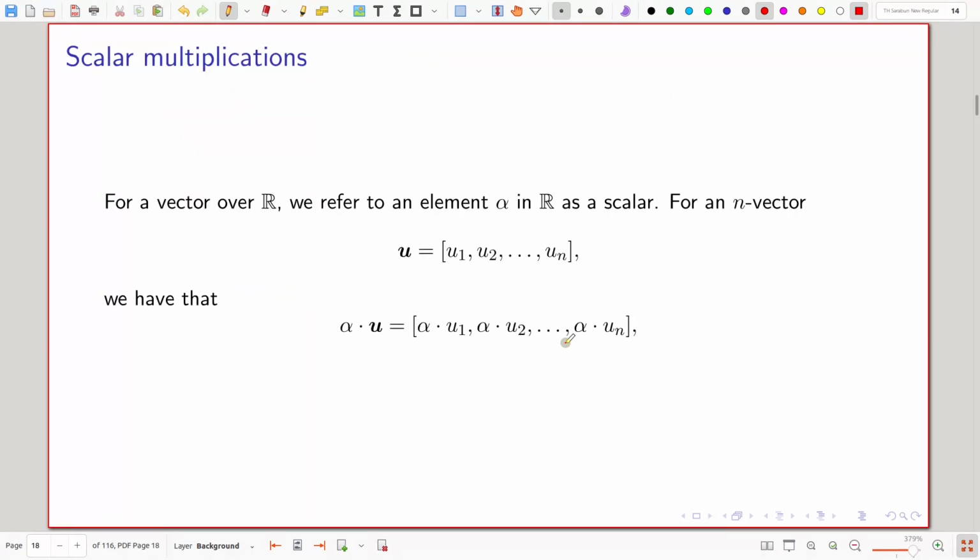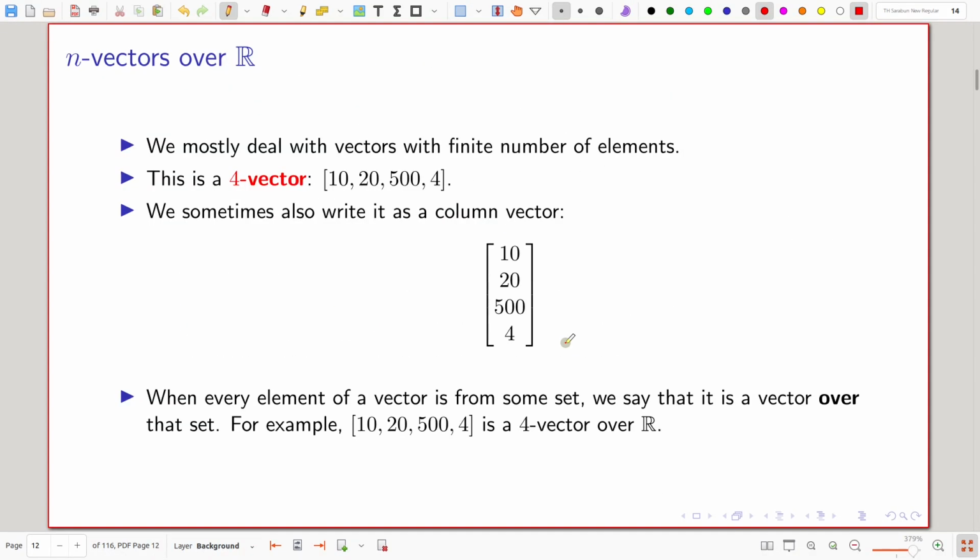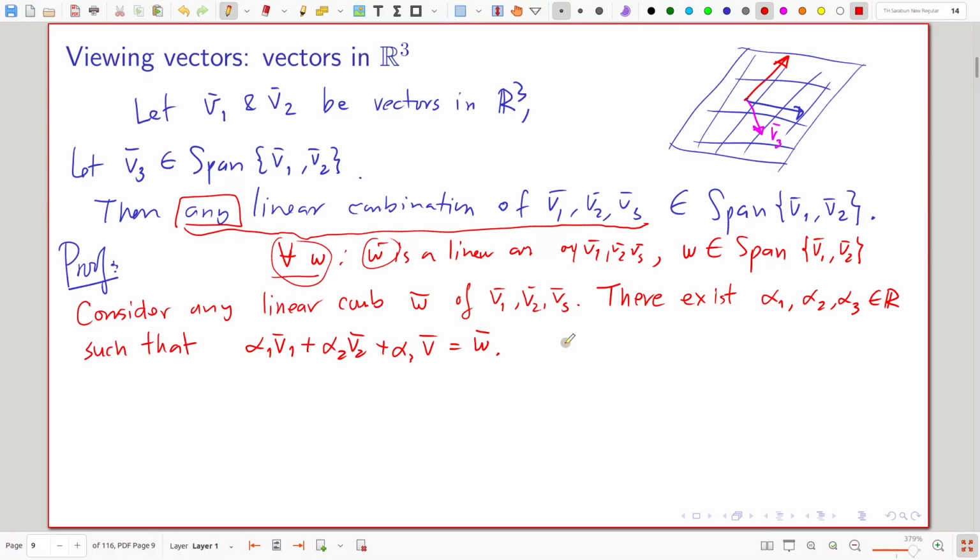So now, if you come back here, what we want. So let me write it in green. So this is my thinking. Okay, so I need to say that W is a linear combination of V1 and V2.